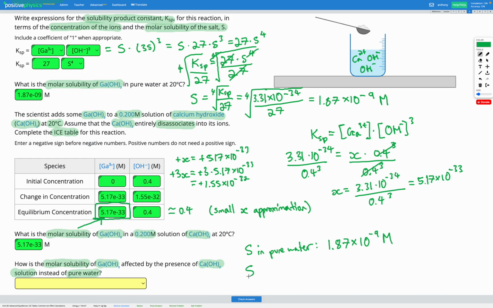At the end, we found our molar solubility in our calcium hydroxide solution was 5.17 times 10 to the power of negative 33.